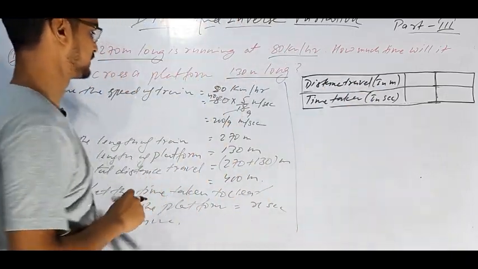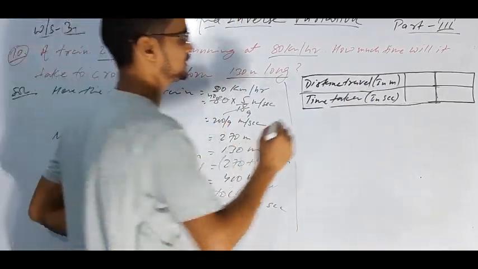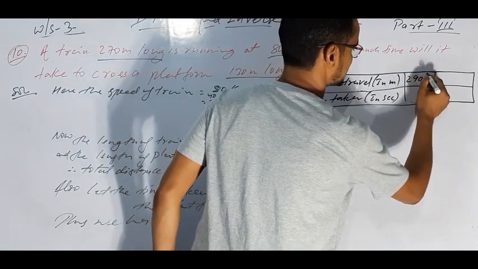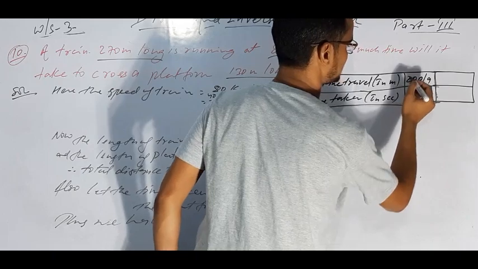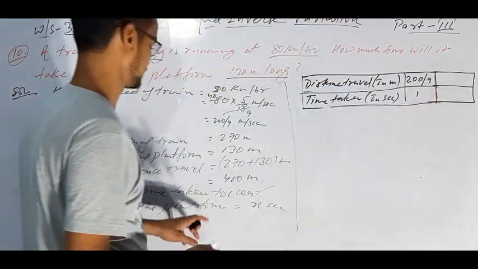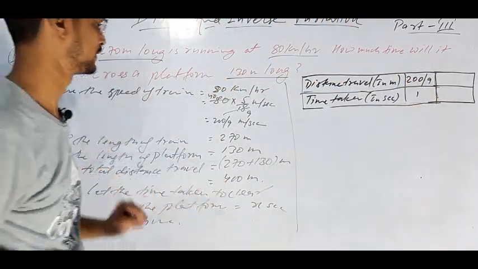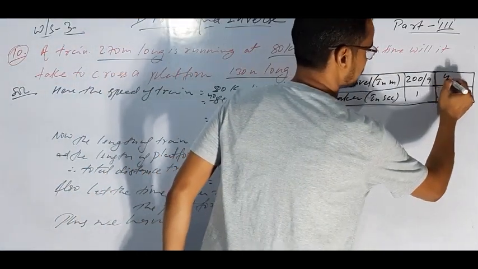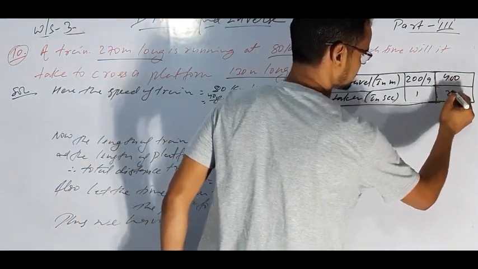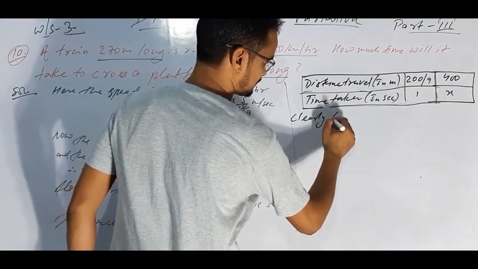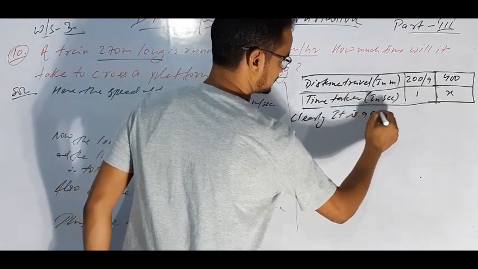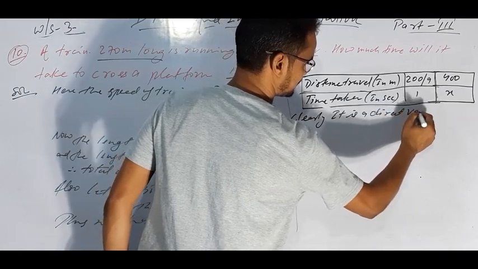The first value will come from the speed, 200 by 9 meter in 1 second, and the total distance travelled is 400 meter in x seconds. Clearly, it is a direct variation.